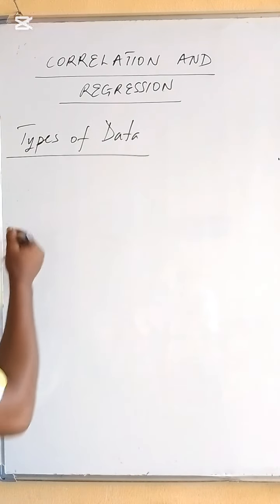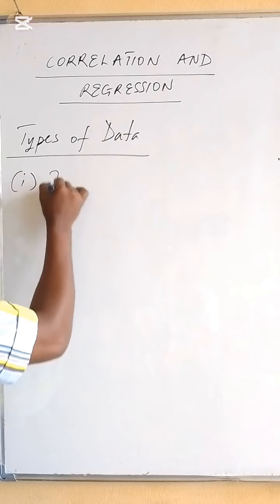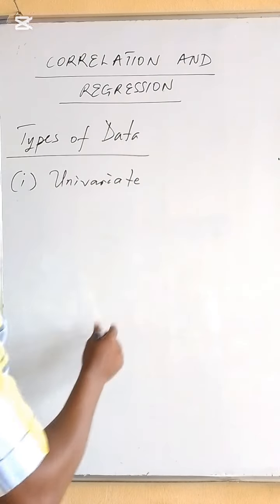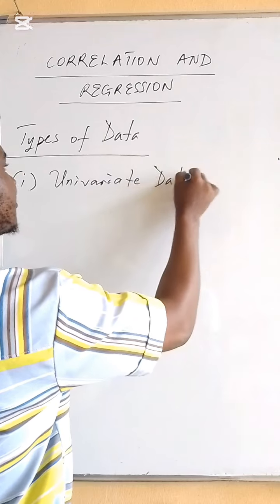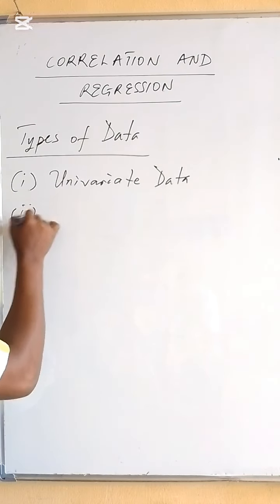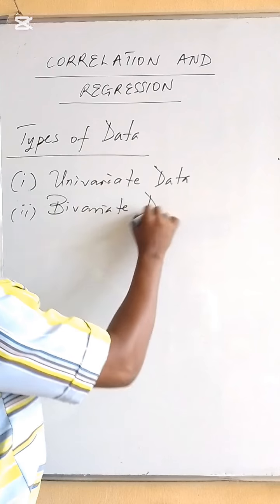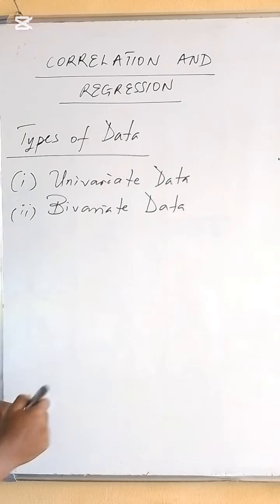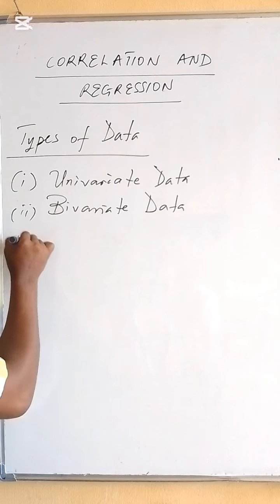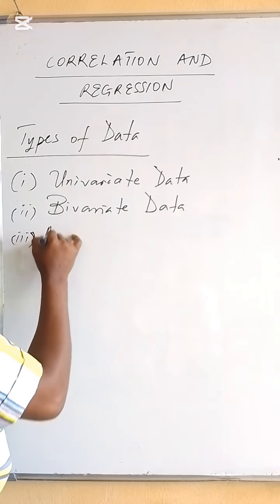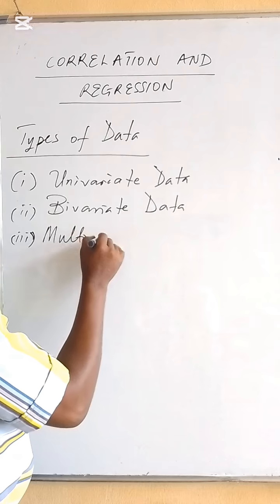We shall be considering the first type of data, which is univariate data. The second type will be bivariate data, and this would help us narrow ourselves down to what should be discussed in this particular lecture. The third type of data will be multivariate data.